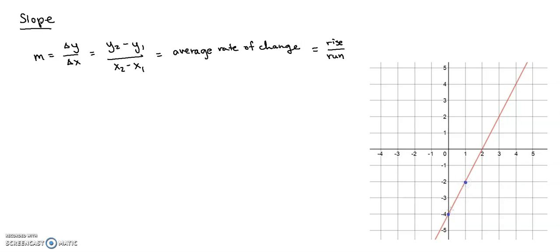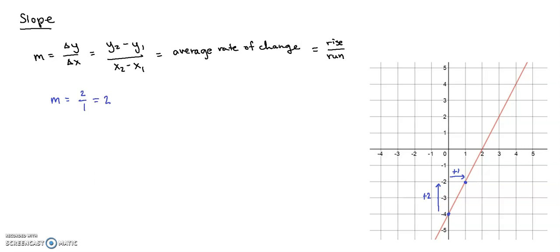So I can identify these 2 points clearly, and then I count the slope by doing the change in y, so I'm going up 2, over the change in x, which would be right 1. Up and right, almost always in math, is considered a positive change, so plus 2 over 1. So our slope is 2 over 1, which is 2.